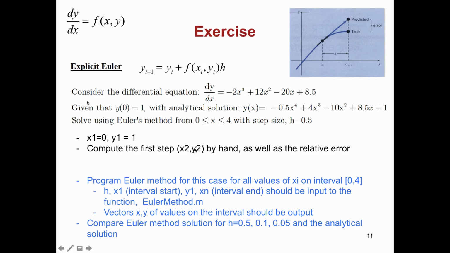So my y2, according to this formula, is y1, which is 1, plus f of xi, yi, which is my function. This is the problem I'm solving, right? So this is my f of x, y. For 0, that's easy to compute. It's 8.5. Okay? Plus 8.5 times h. Did everybody compute that? What do you get as y2?